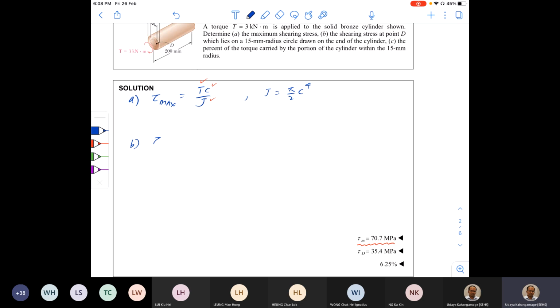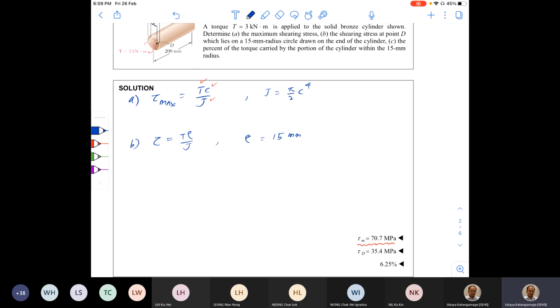So we use the generic equation, tau is equal to T rho over J. Any radial position, I can use this equation. And there, again, the same J, and rho is equal to 15 millimeters.